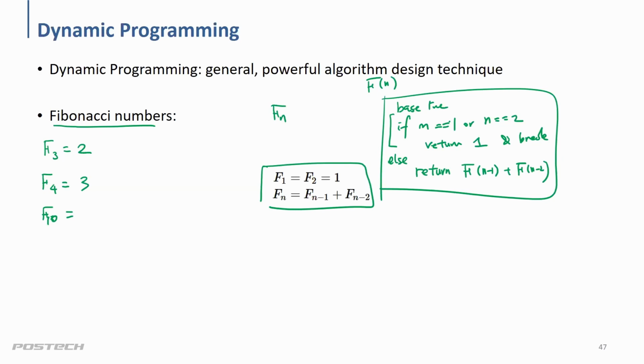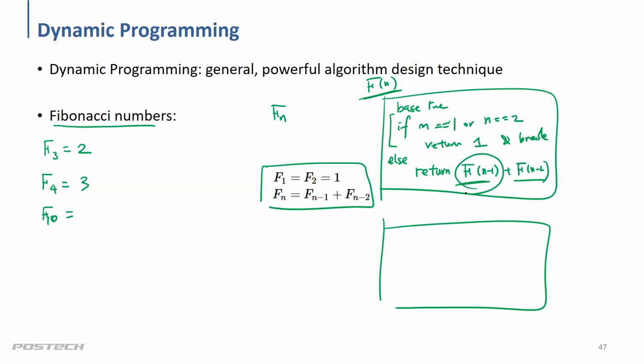To compute this, it's going to call other functions, which is n minus 1. And I'm going to check whether n minus 1 is equal to 1 or 2. Else, I'm going to return f n minus 2 plus f n minus 3.